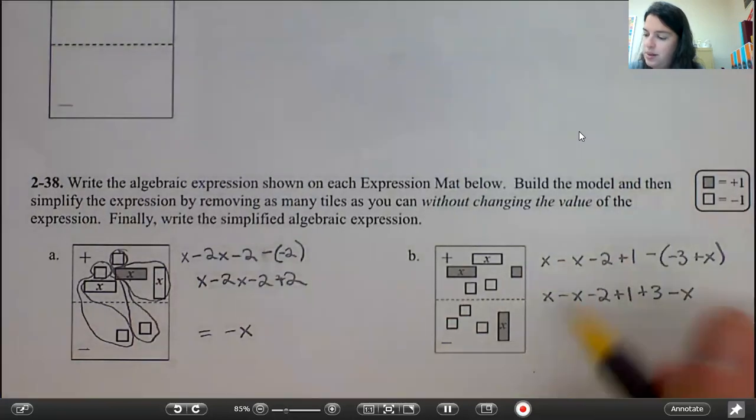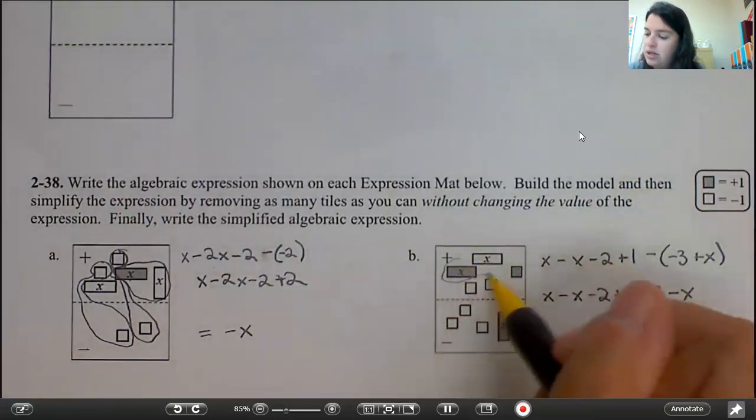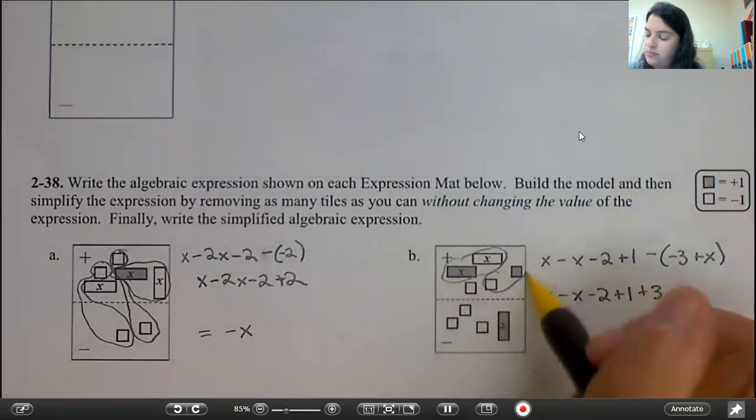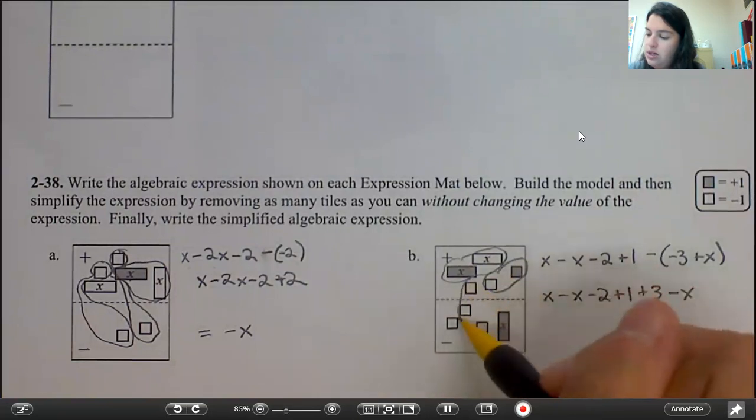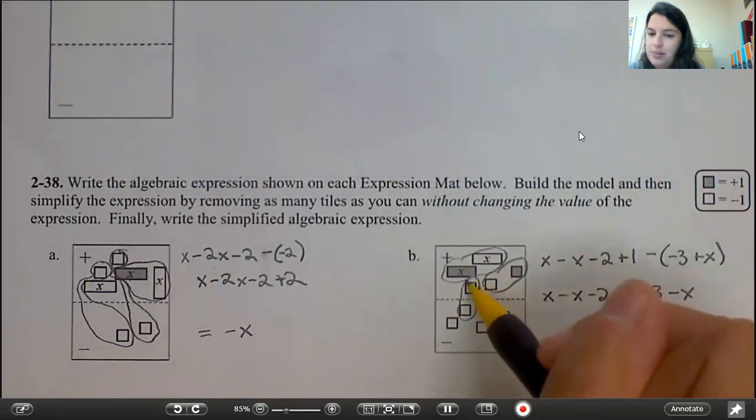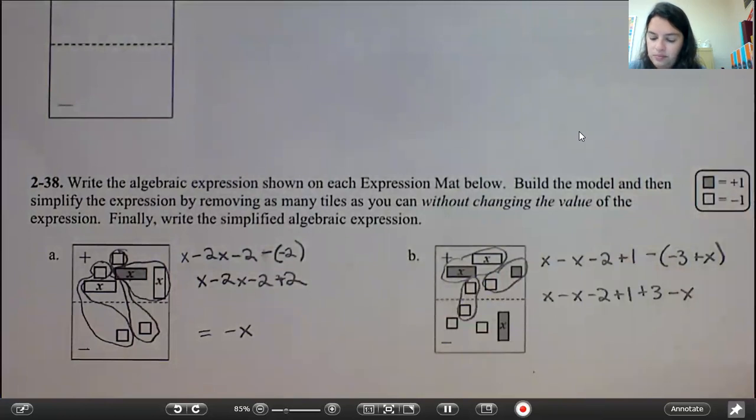Now let's look at our 0 pairs. Remember, opposite tiles, same region. Same tiles, opposite region. So now, what do we have left?